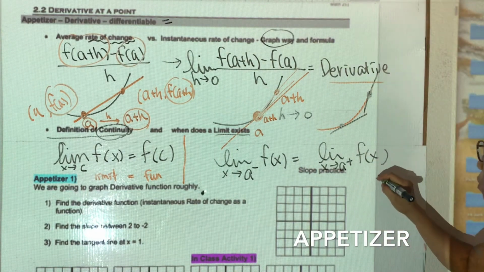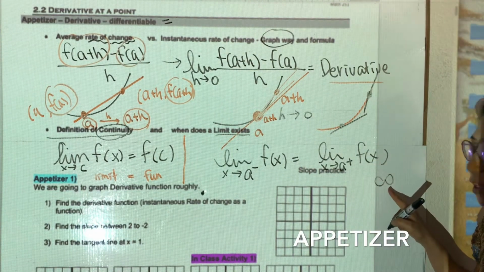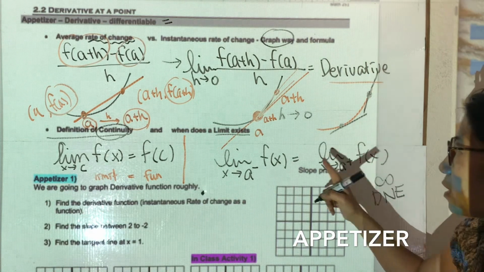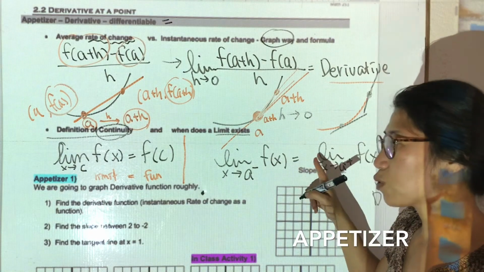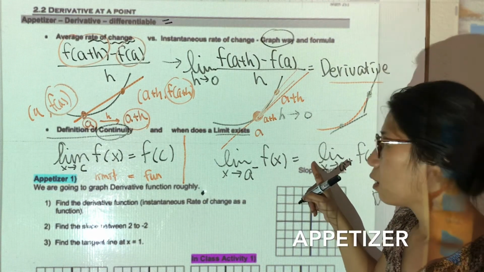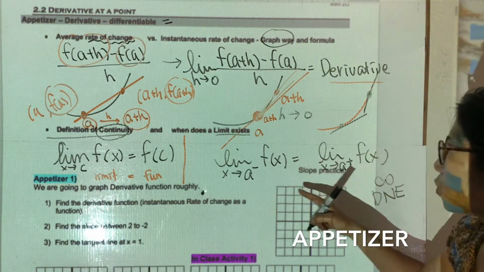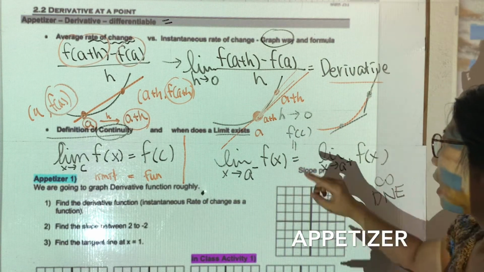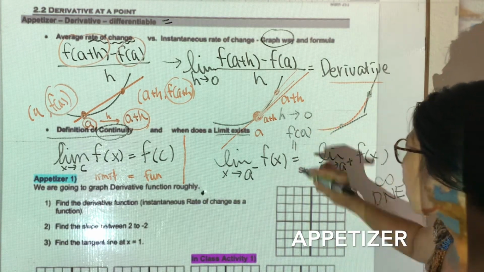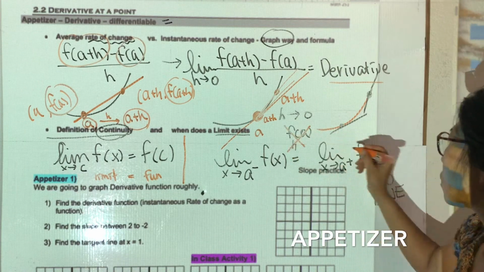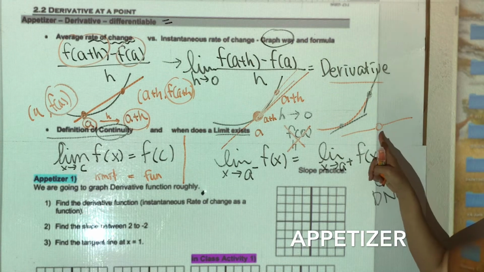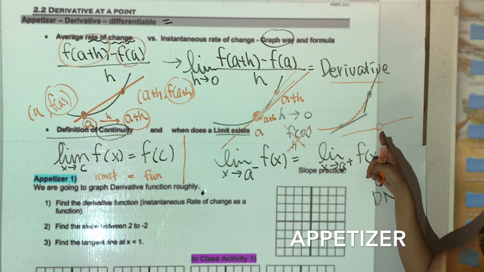If the limit goes to infinity, we say that the limit does not exist. Remember that the limit existing doesn't have anything to do with the value of the function at c. It doesn't matter whether you have f of a at this value. It doesn't have to be perfectly continuous, and still you can find the limit.